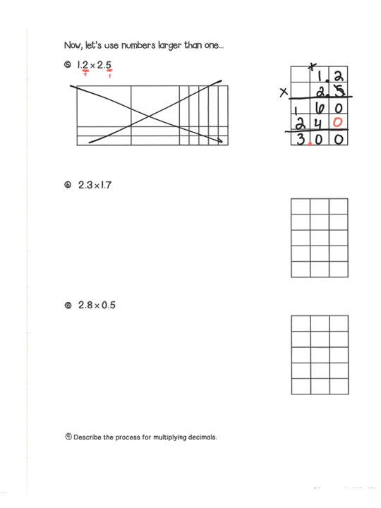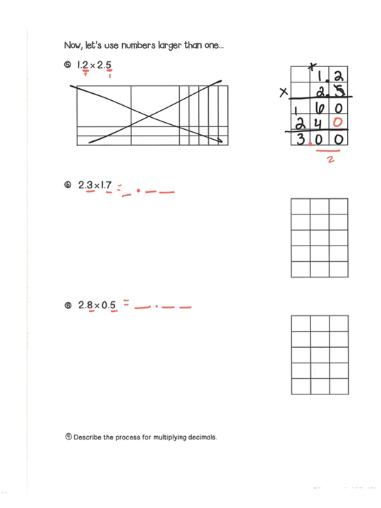So 1 and 1 makes 2. For all of these, I only have one number after the decimal point, so for my answer, I'm going to have two numbers. Same thing here. So something in front, and then two somethings after. Okay?